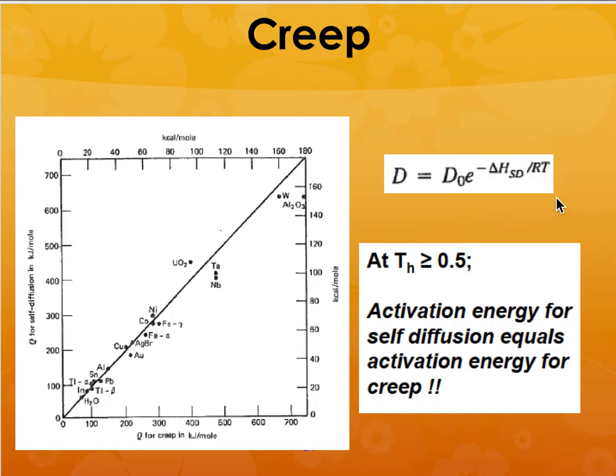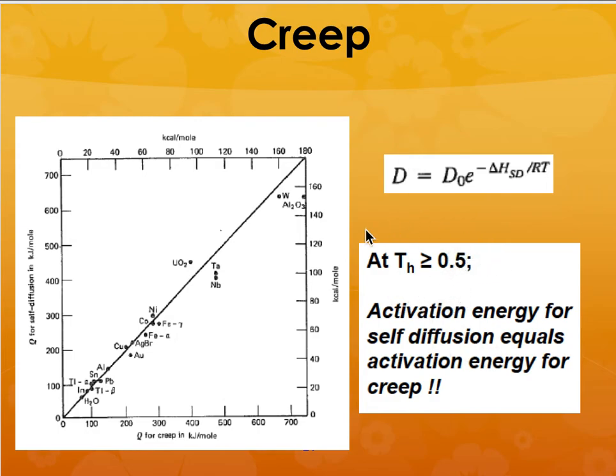Which means that you can represent the diffusion coefficient as D0, the diffusion coefficient at a very low temperature. So if you know the temperature, you can calculate what is going to be the diffusion at a particular temperature, and the delta H will be given to you for self-diffusion. If you can calculate that, then you can calculate what is the D for the particular process.